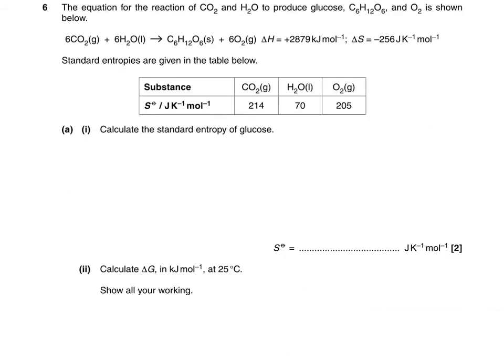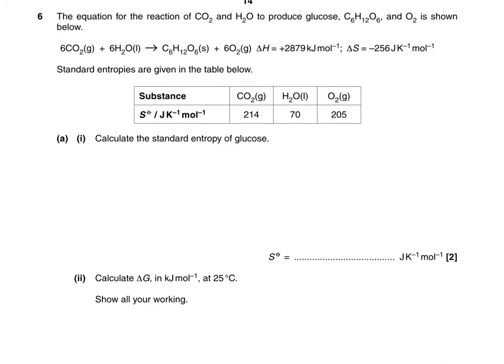Okay, right, so we've been asked to work out the standard entropy of glucose. So this is using a calculation we've come before, but just in a slightly different way. Hopefully you can remember that the enthalpy change of a reaction is equal to the sum of the entropy of the products minus the sum of the entropies of the reactants.